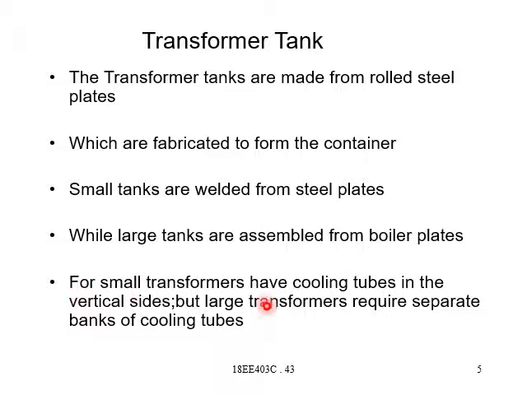Small transformers have cooling tubes in the vertical sides, whereas large transformers require separate banks of cooling tubes. Since a large transformer produces huge heat, the tank itself may not be sufficient to cool it down.